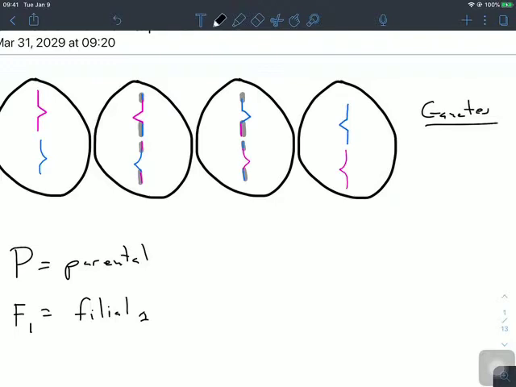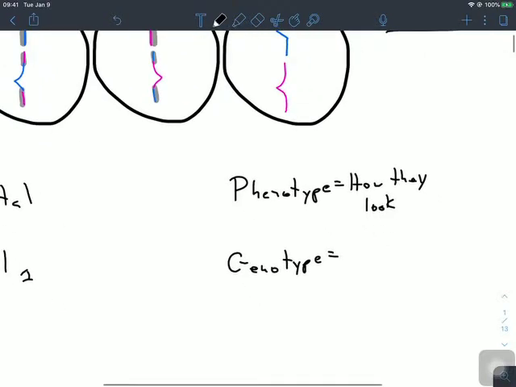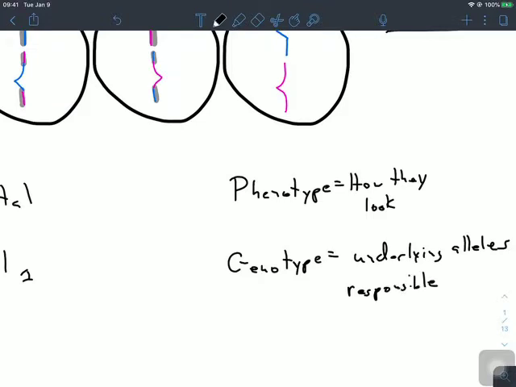The appearance of groups, or individuals, we call the phenotype. How they look. Underlying the phenotype, we have a genotype. The underlying alleles that are responsible for determining the phenotype.